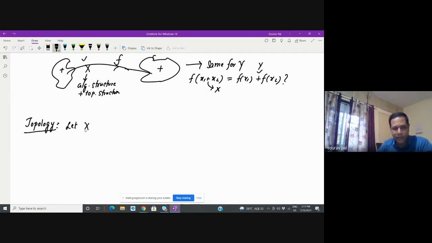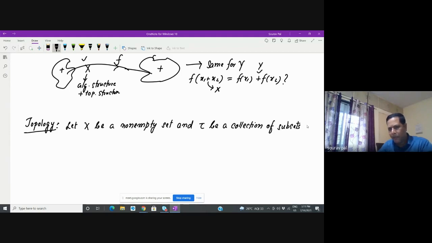Let X be a non-empty set, and let tau be a collection of subsets of X satisfying the following.